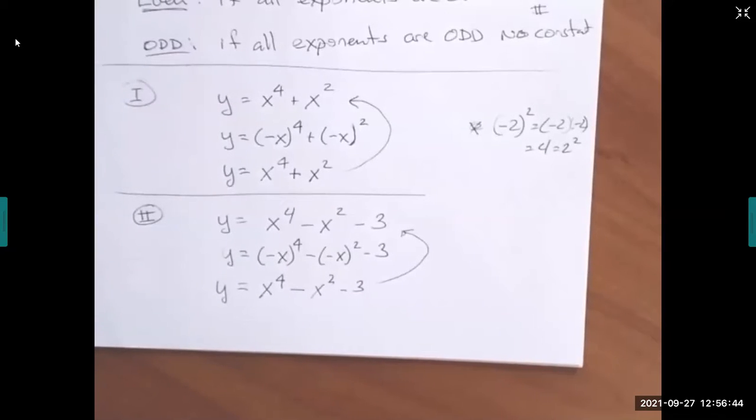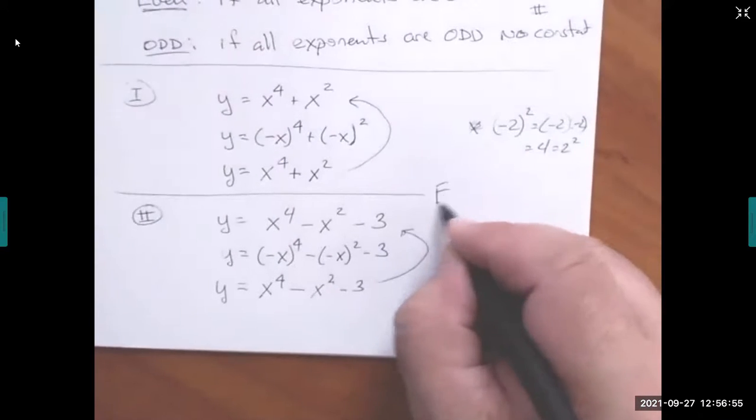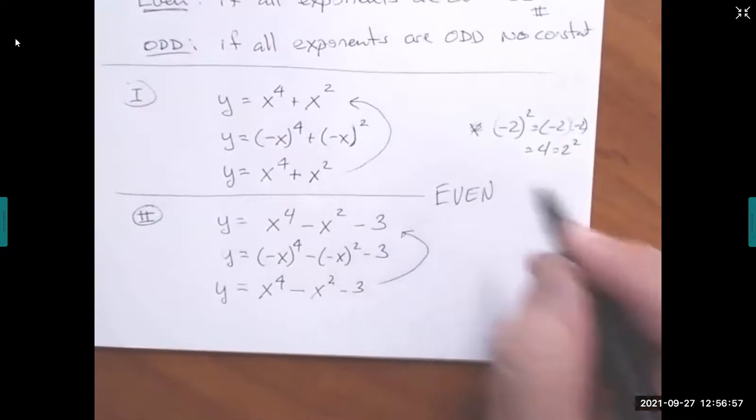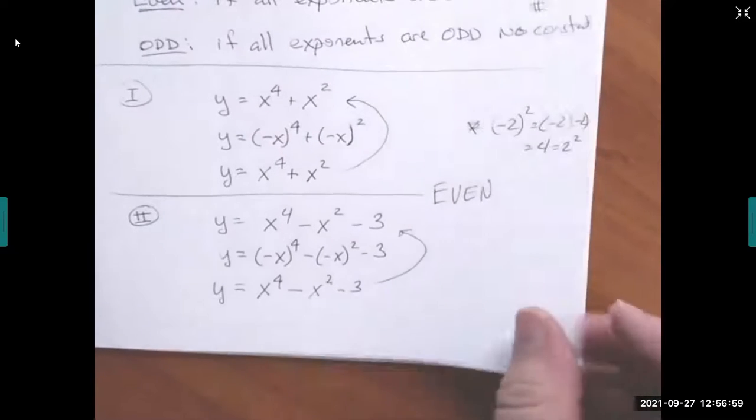So those are both even. These are both even. Let's look at some examples of odd ones now.